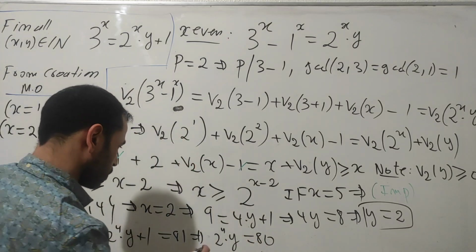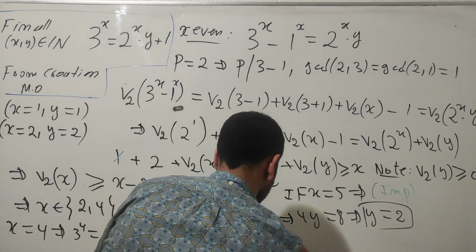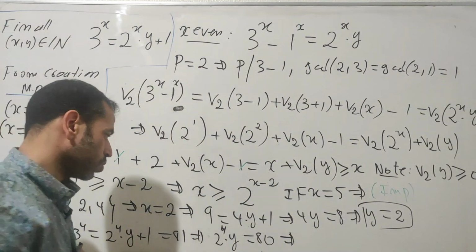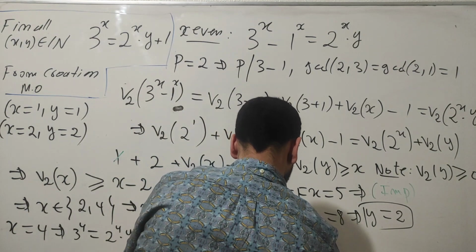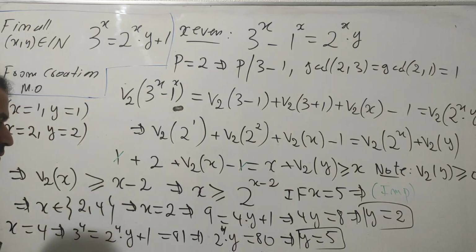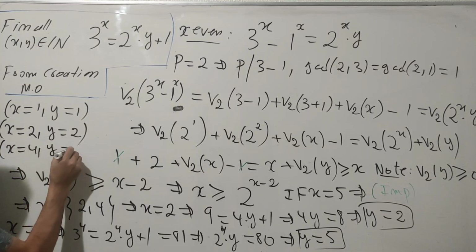Okay, 2 to the 4 is 16, so 80 over 16 is going to give us 5. So we found y equals 5. So here is a third solution, x equals 4, corresponding with y equals 5.